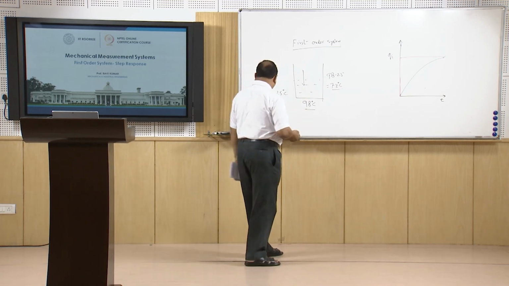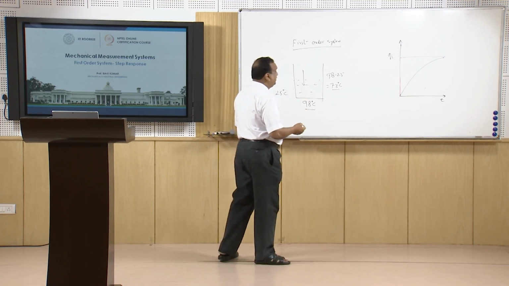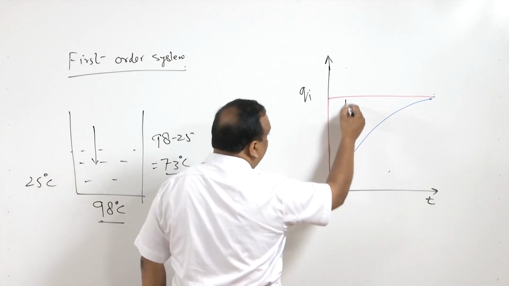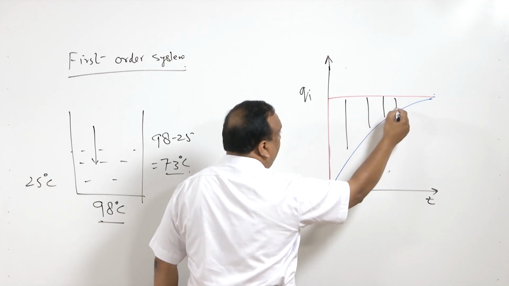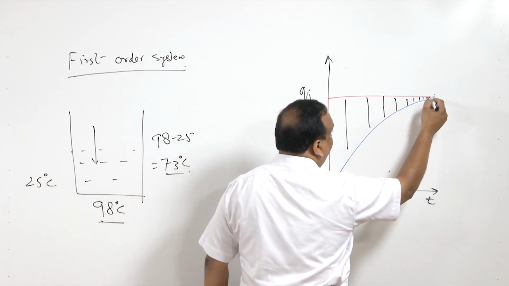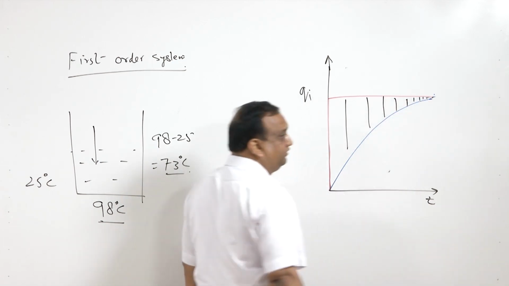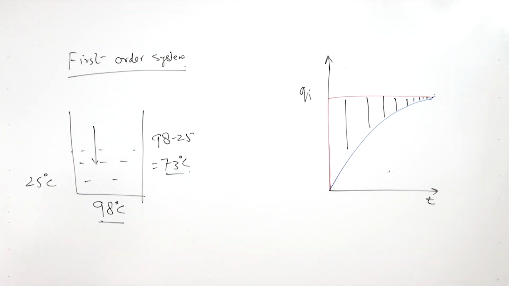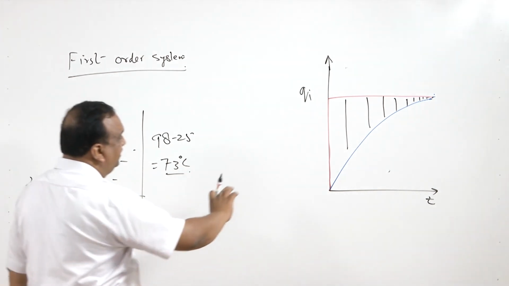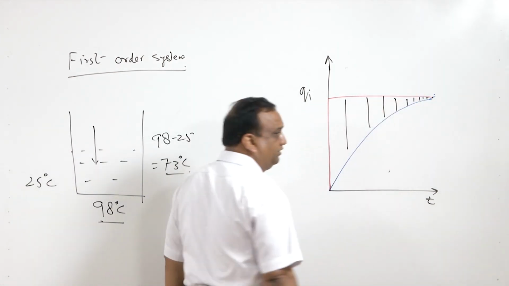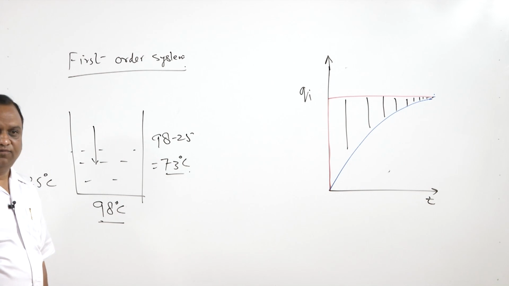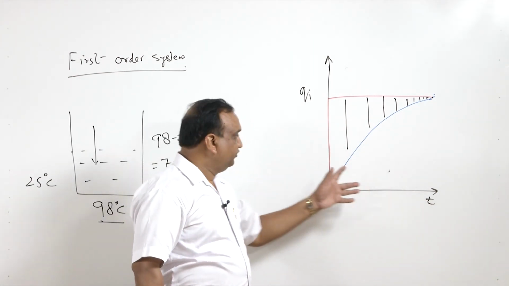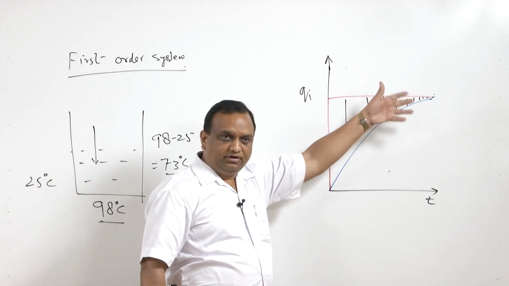If you look at the error from the measurement point of view, in this region the error is high, and slowly the error is reducing, and a steady state error, whatever the error is in the instrument, will remain. But this error is diminishing with time. This is dynamic error, because the error is dependent upon time. So this is a dynamic error and it is diminishing.